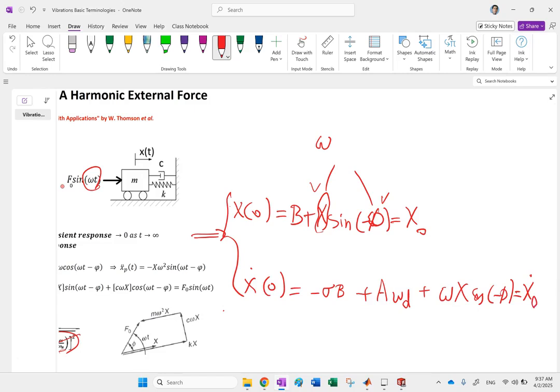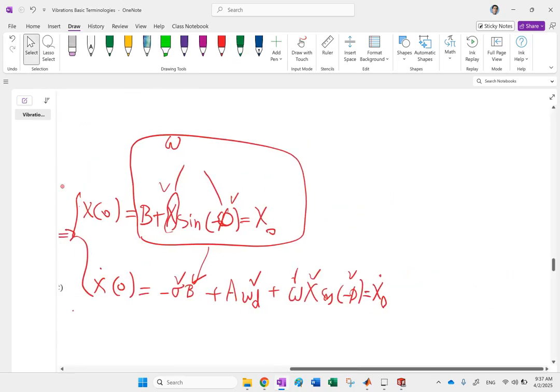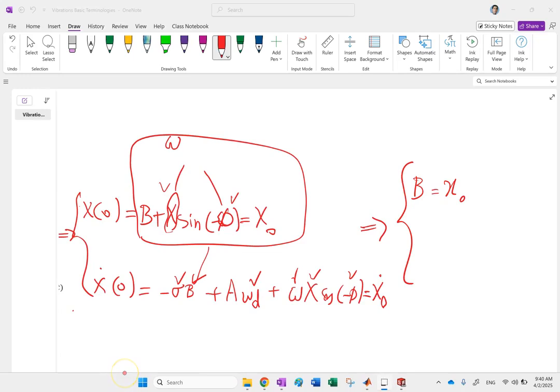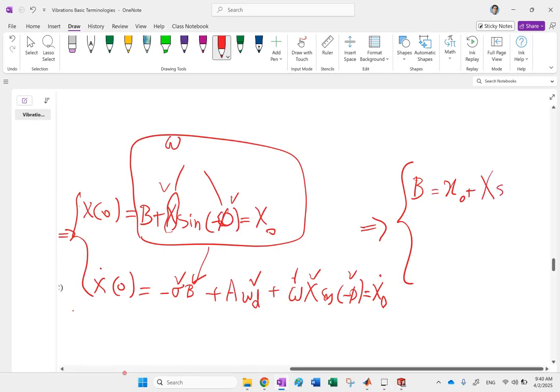Do you see that? And again, remember, omega is a fixed number, phi is a fixed number, x is a fixed number, omega d is fixed, sigma is fixed. So once you find B from the top one, you can plug it into the bottom one and you can get A. So if I want to give you a solution, B equals x0 plus magnitude x times sine of phi.